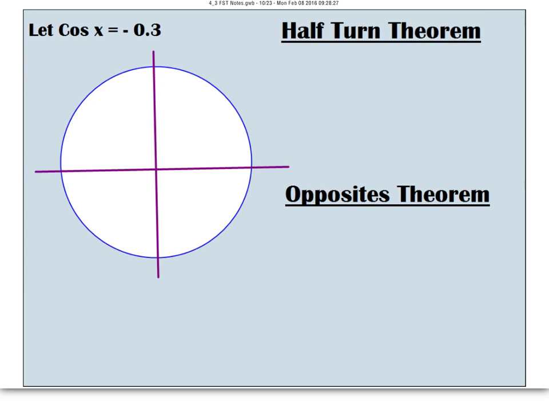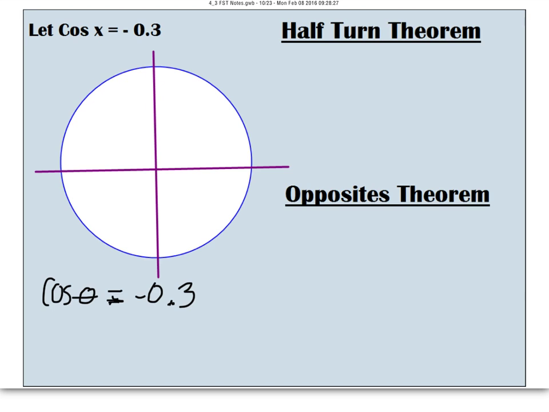I want us to jump to this one and try one more. Let's practice the sketch. On this scenario, we're just going to focus on the opposites theorem. So here they are telling us that the cosine of x equals negative 0.3. So remember, the cosine of x, or maybe they could have said this instead, the cosine of theta equals negative 0.3. That means the same thing. The only difference is here they've chosen to use theta, here they chose x as their unknown. It doesn't matter.